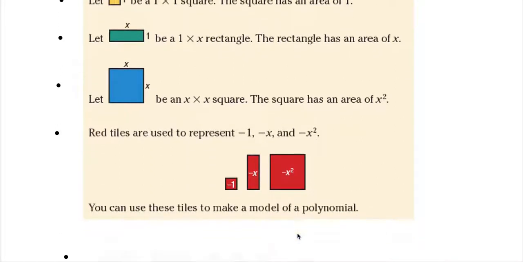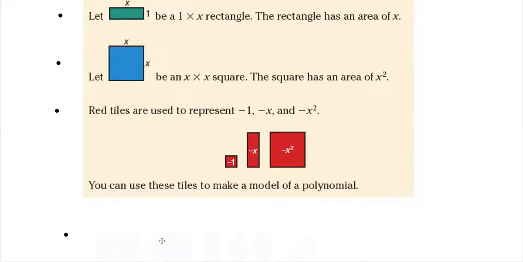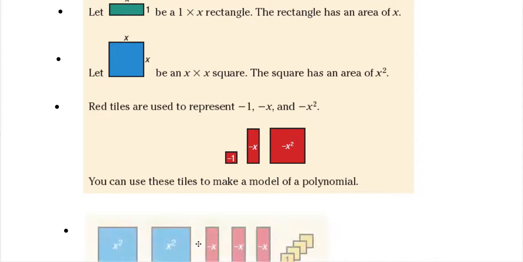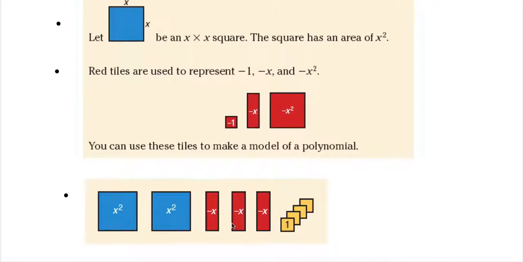Let's use these tiles to model a polynomial. Let's say, for example, you have this model. If you notice, there are two x squared tiles, three negative x tiles, and four positive unit tiles.